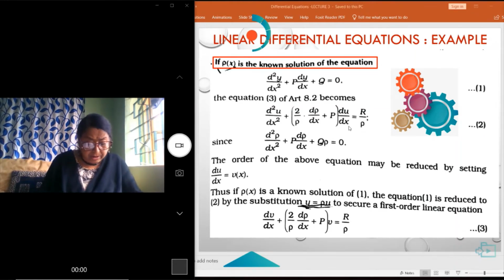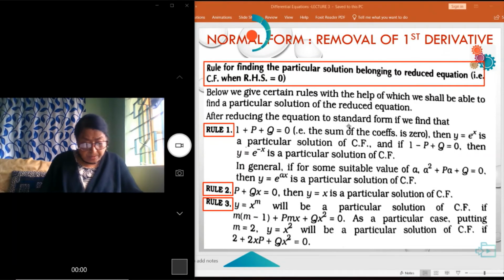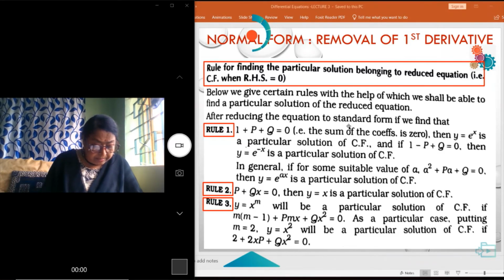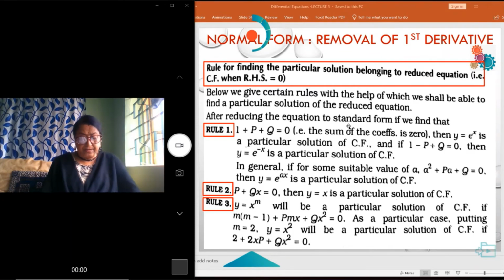If it comes out equal to 0, that is, the sum of the coefficients is 0, then y = e^x or y = e^(-x) is the particular solution of the complementary function. In general, if for some a, a² + pa + q = 0, then y = e^(ax) is the particular integral of the complementary function.